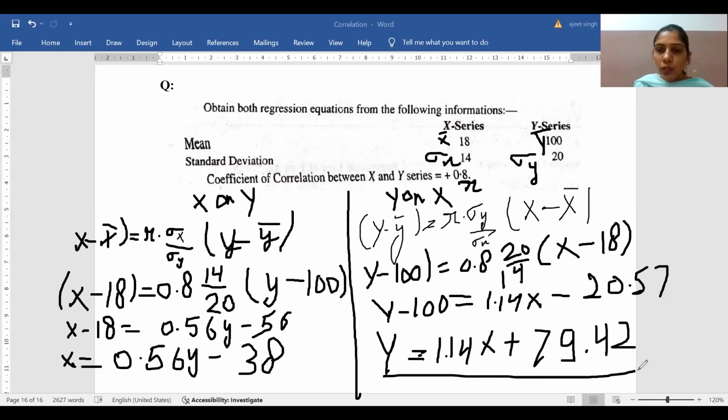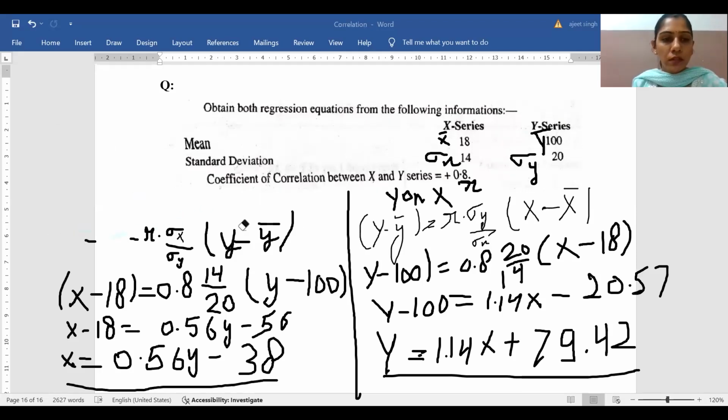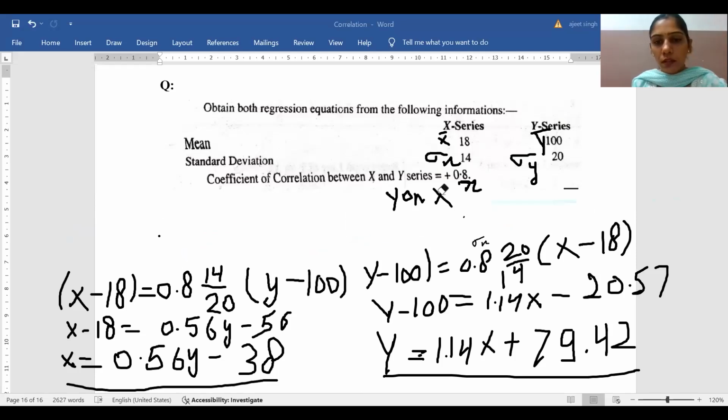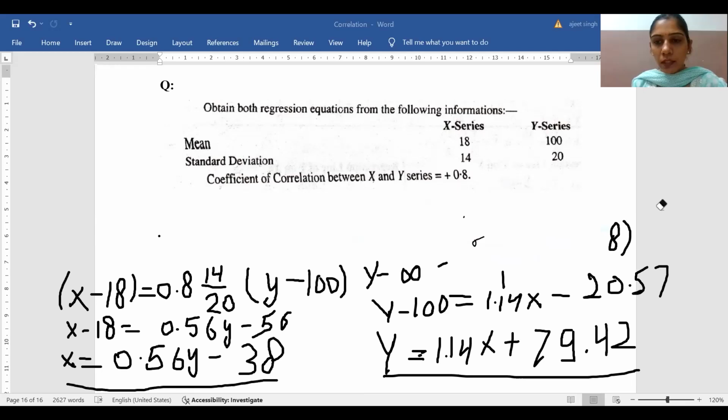So this is the equation of y on x, which is y is equal to 1.14x plus 79.42, and the equation of x on y is 0.56y minus 38. So let's write this equation in this question.